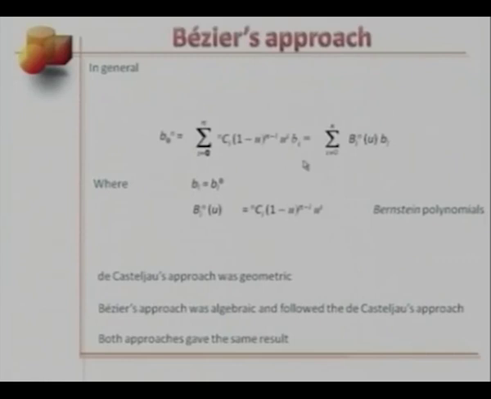This expression represents a Bézier curve of degree n. In fact, both Bézier's approach and de Casteljau's approach give the same Bézier segment.